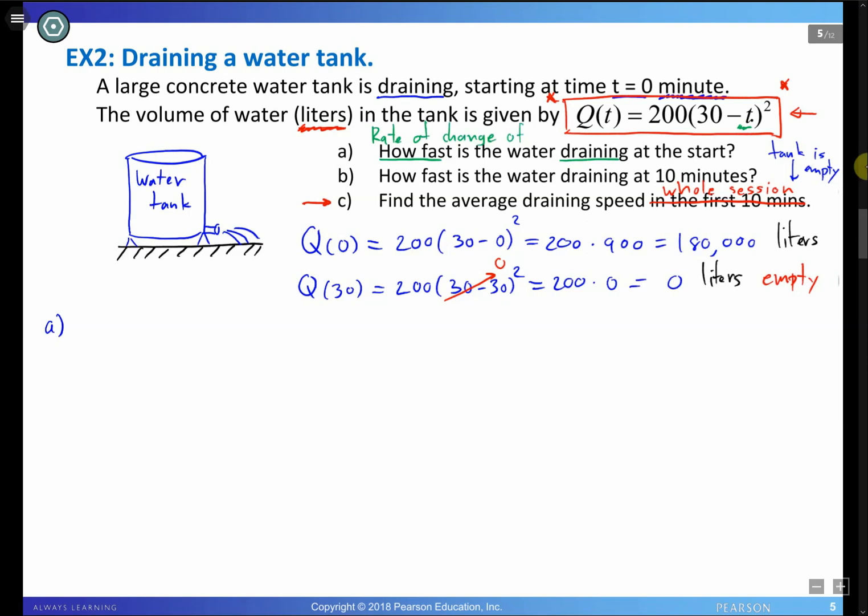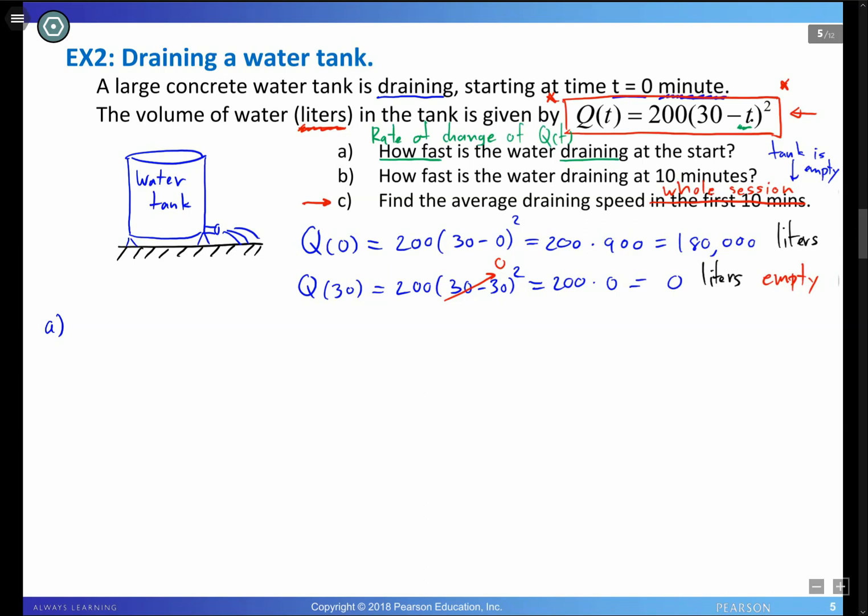We have the function here, so let's use it, Q of t. We need to know the rate of change of Q of t, and by now we know that this is related to the derivative of Q with respect to t. So we need to differentiate Q. Let's do that down here.